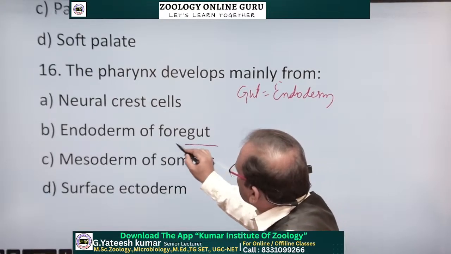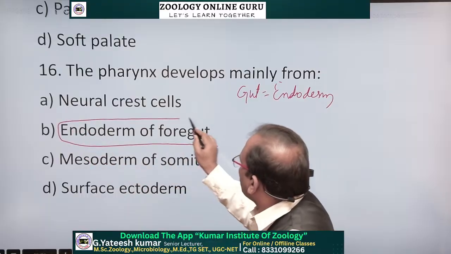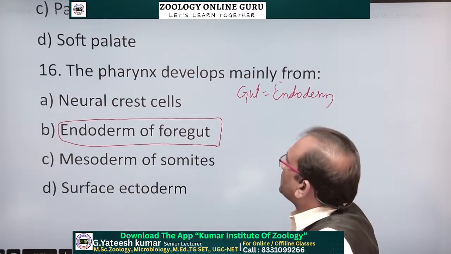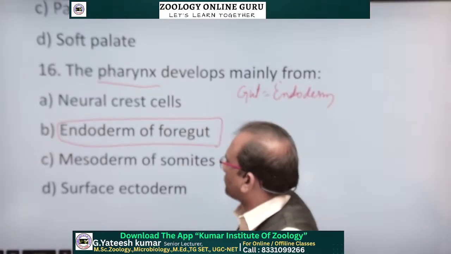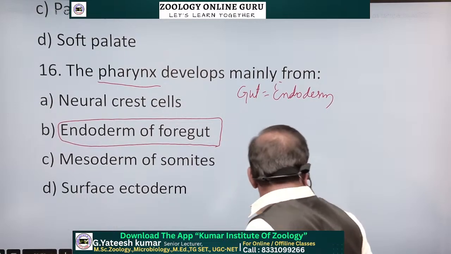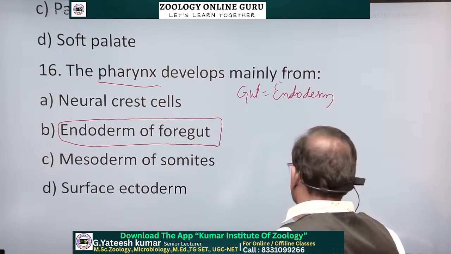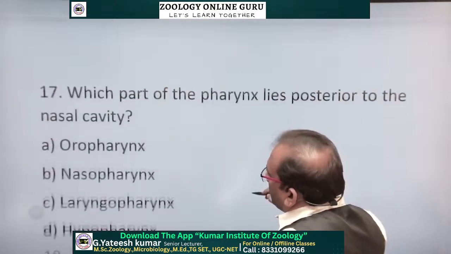So the answer is endoderm of the foregut. The endoderm of the foregut creates the pharynx. Okay. Next question.